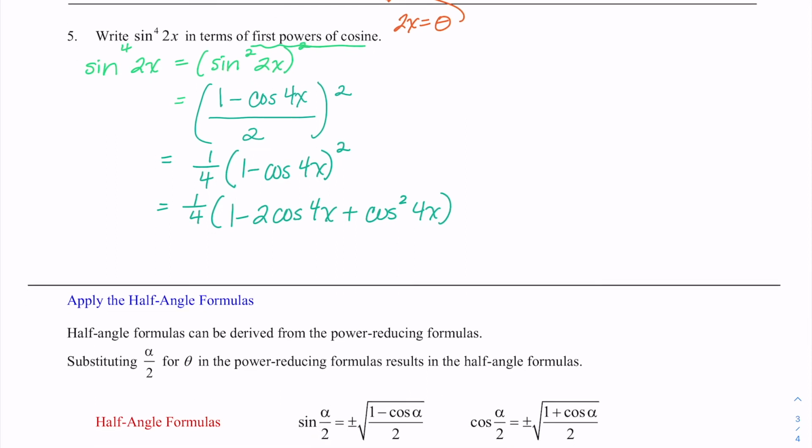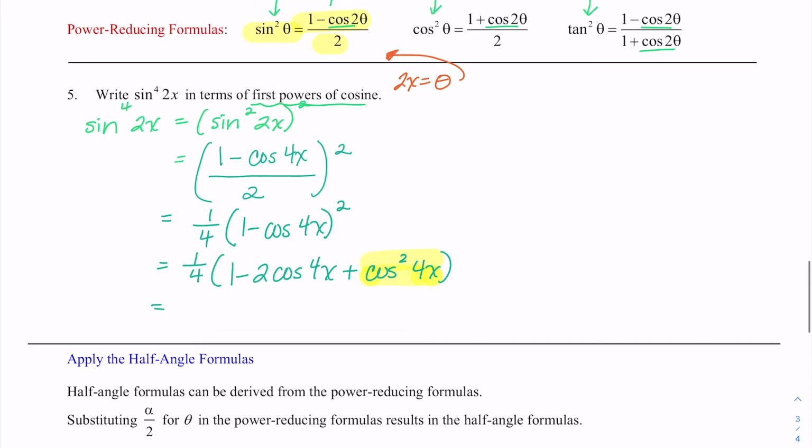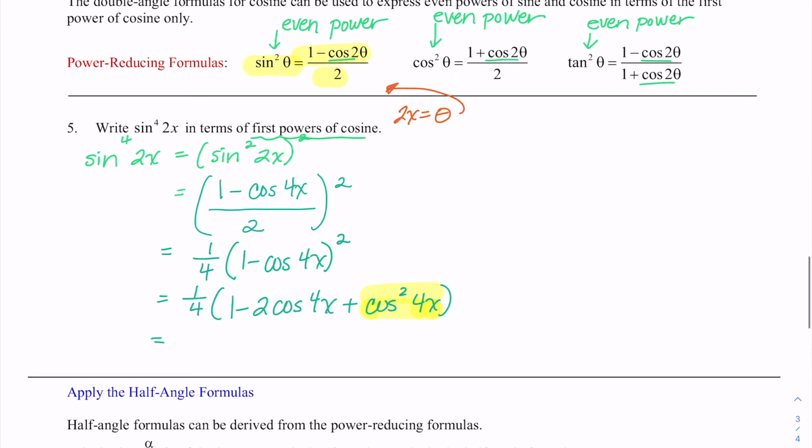Okay, so now for the cosine squared of 4x, we will use the power reducing formula, and let me do that in a different color.